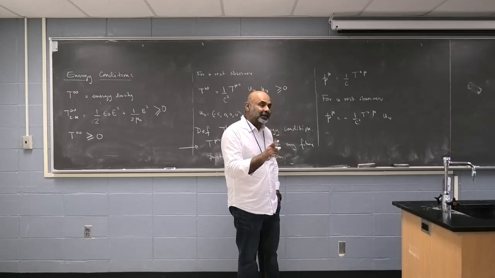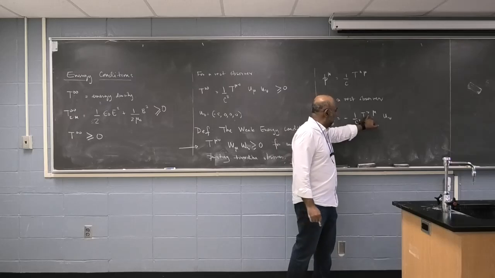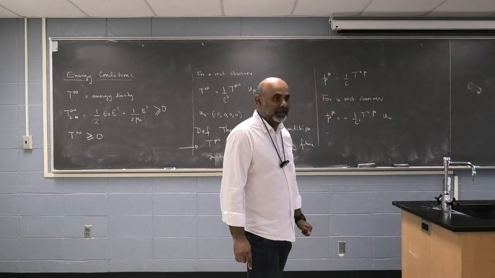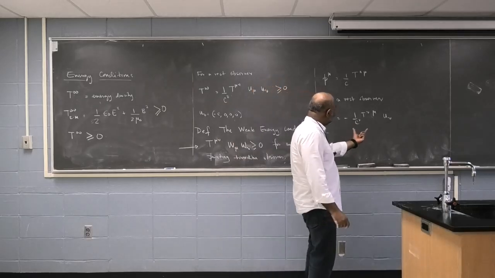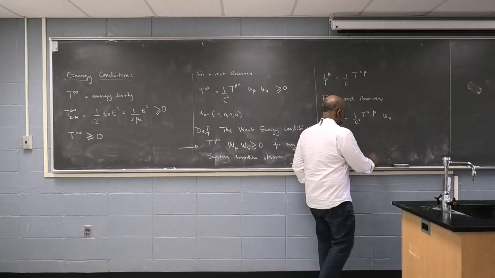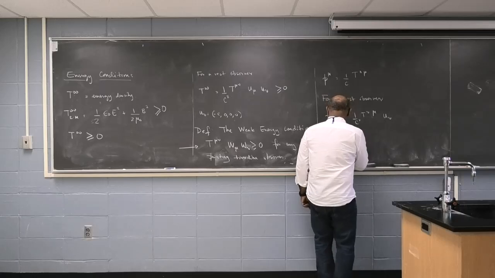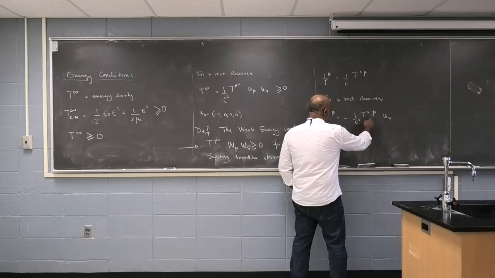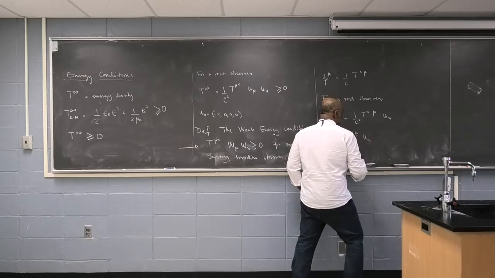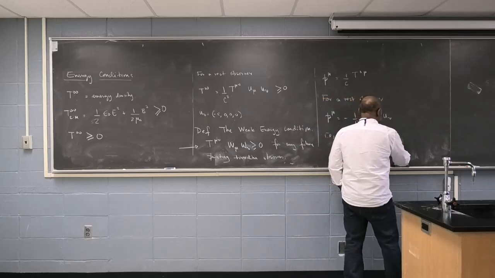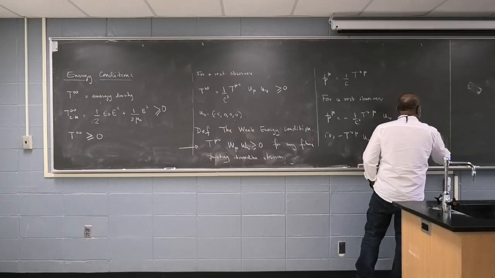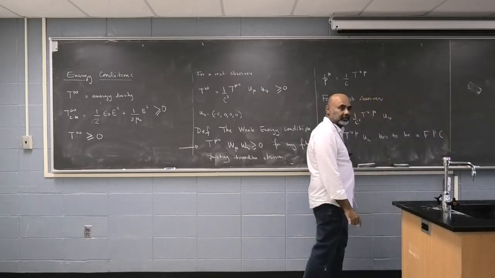Let's do it that way. So that means, I don't care about the c squared, minus T nu mu nu has to be a future pointing causal vector.